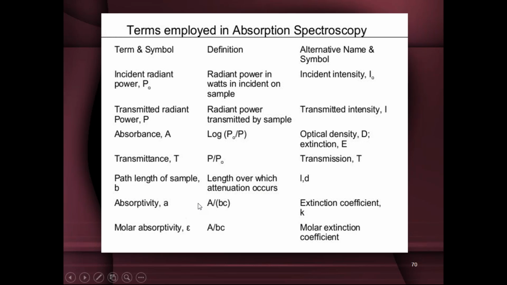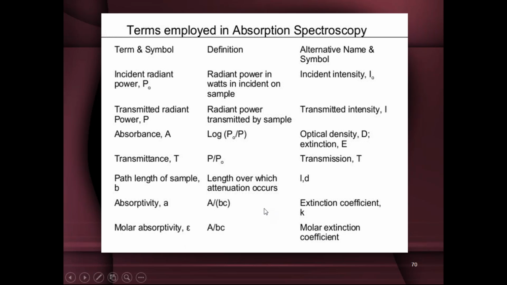So small a is actually equal to capital A by bc. And the last term is molar absorptivity, denoted by epsilon. And this is equal to A by bc. Again, the same thing, but I'll tell you what's the difference. The alternate names are molar extinction coefficient or molar absorption coefficient.